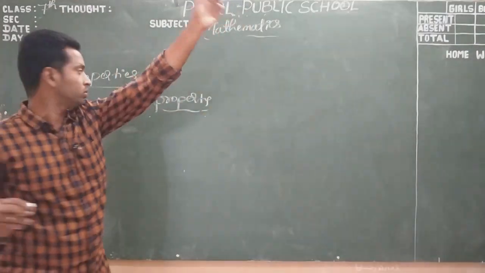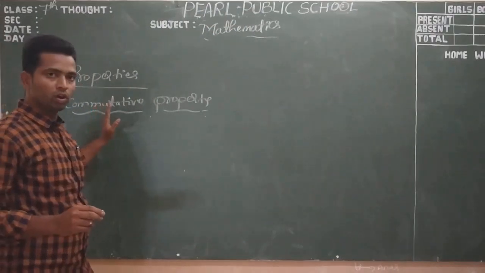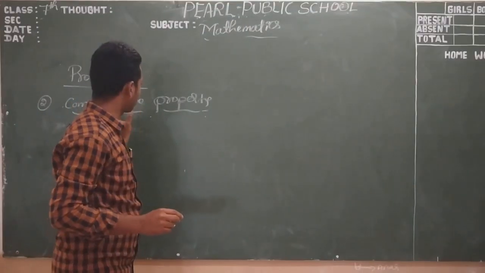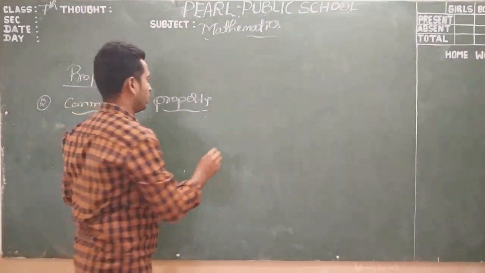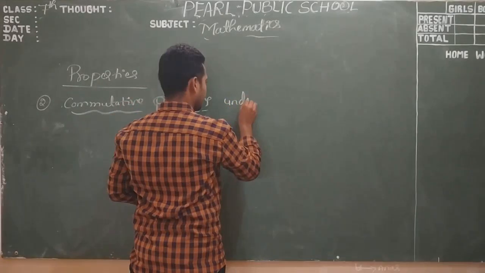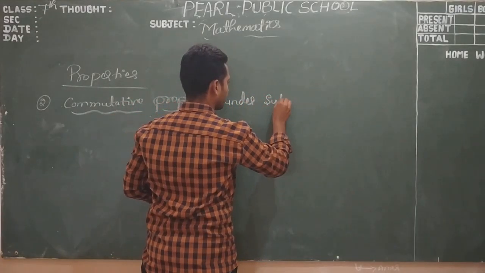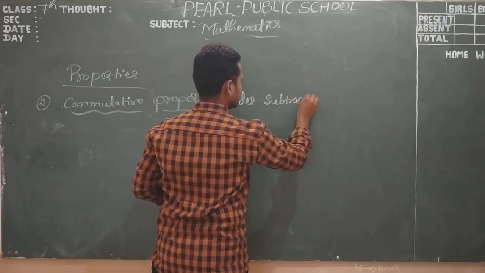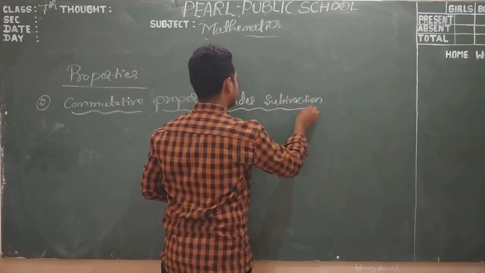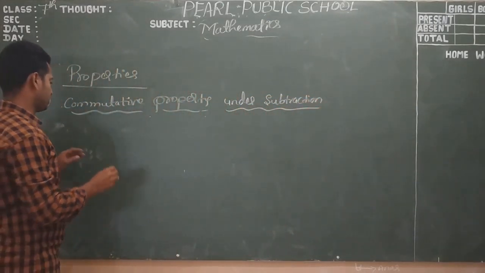Now I am going to check whether the commutative property holds under subtraction. You just verify whether it holds or not.